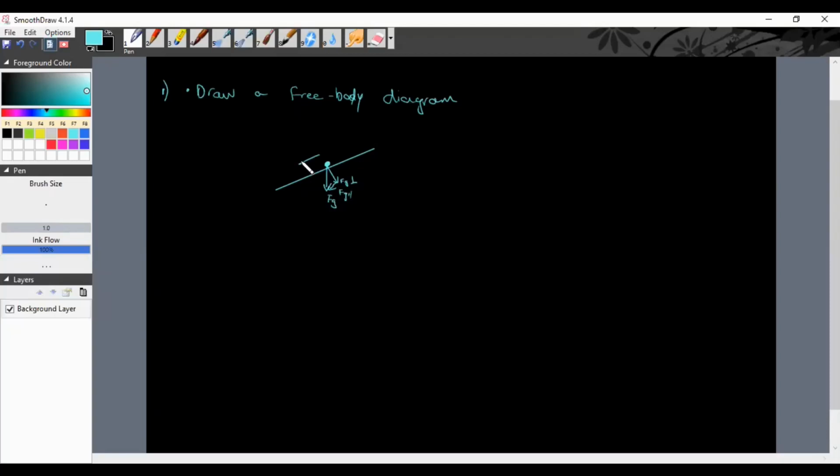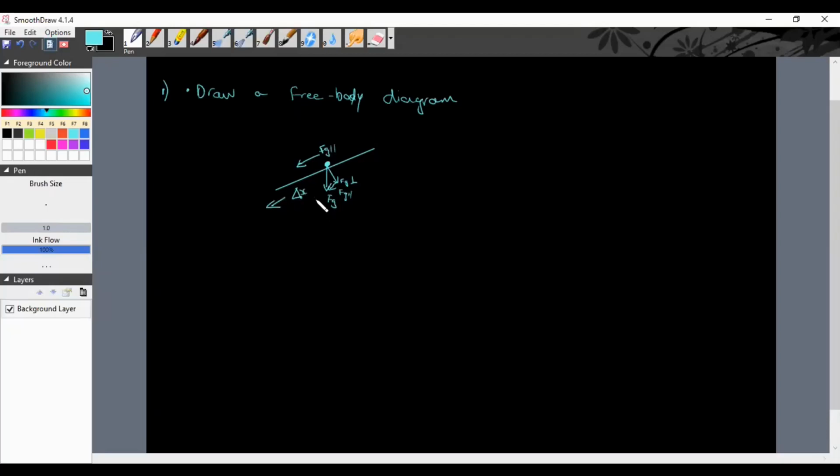FG parallel is going in the same direction of motion as the skier. Also, we know that the delta x, the displacement or the distance, is also going this way.